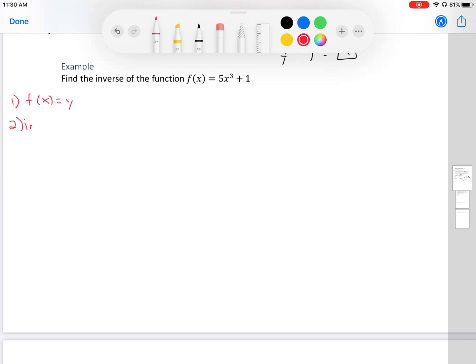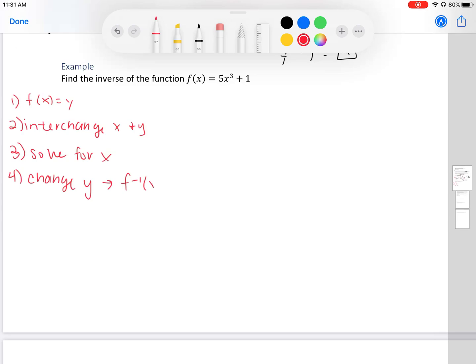Second, swap your x's and y's, so you interchange x and y. Third, solve for y. Fourth, change y to inverse function notation. And there you have it.